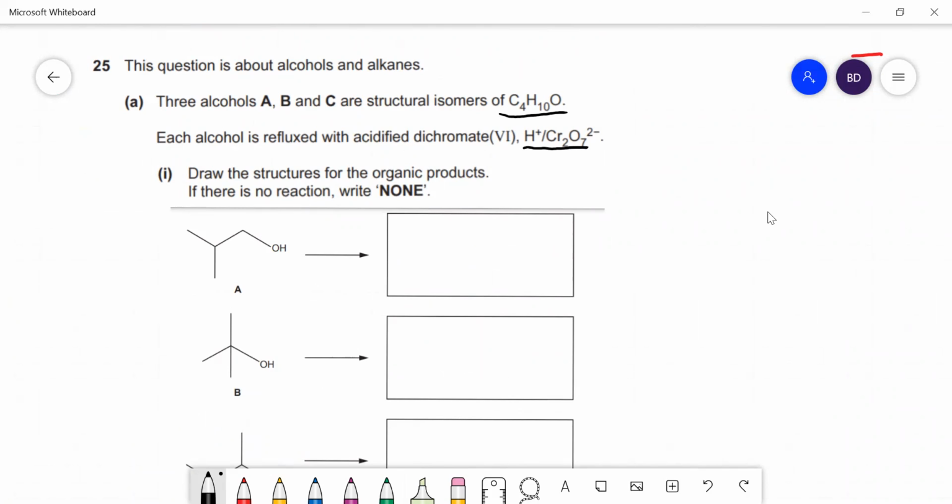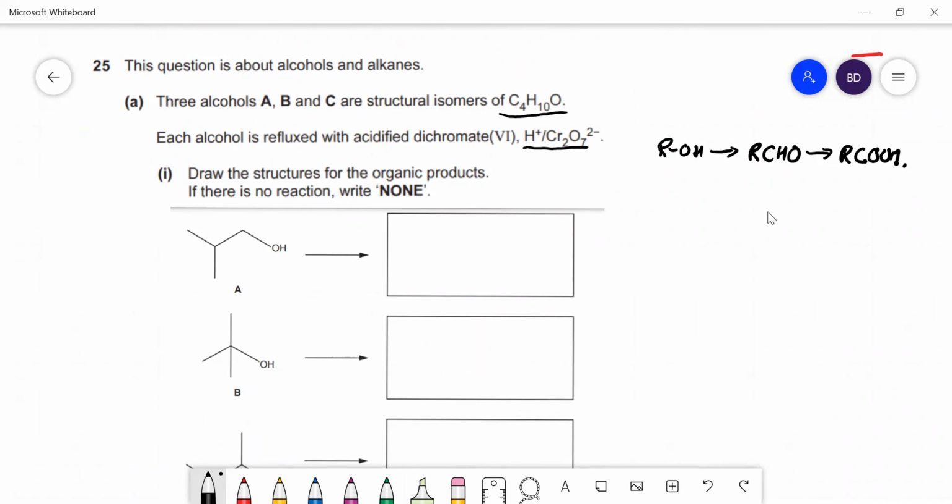Remember, if you oxidize a primary alcohol, at first you will get an aldehyde. But if you reflux it, you're going to oxidize it all the way to a carboxylic acid. Now, if there's no organic product, write none.